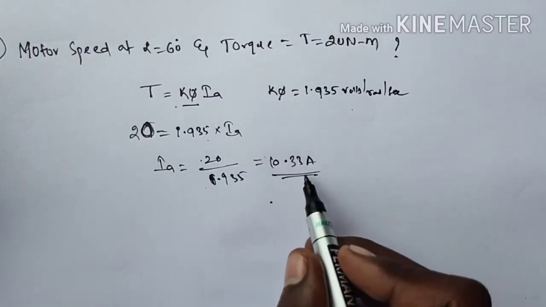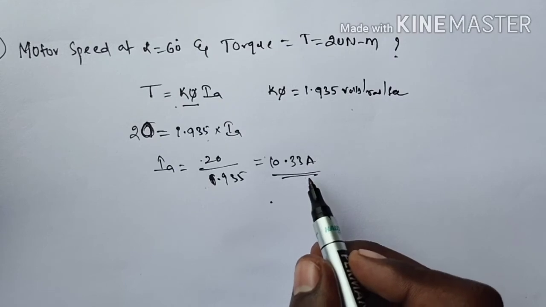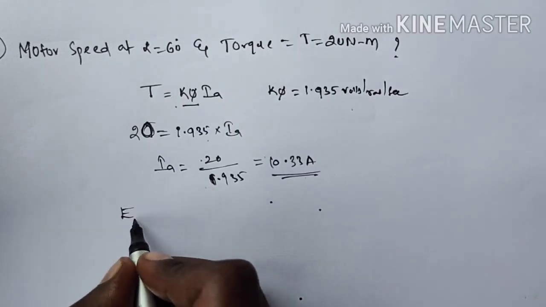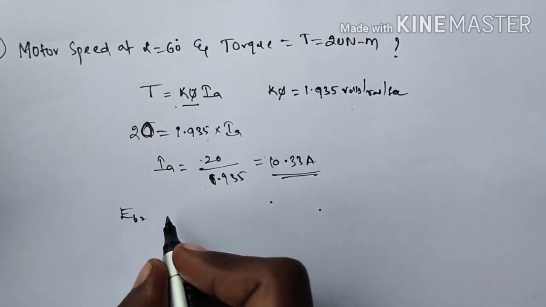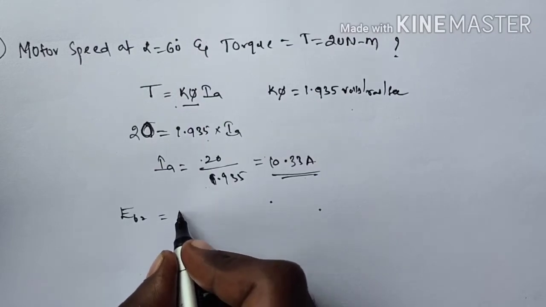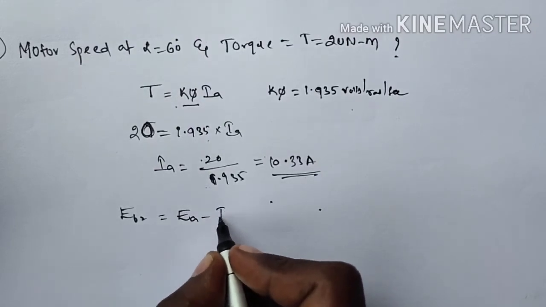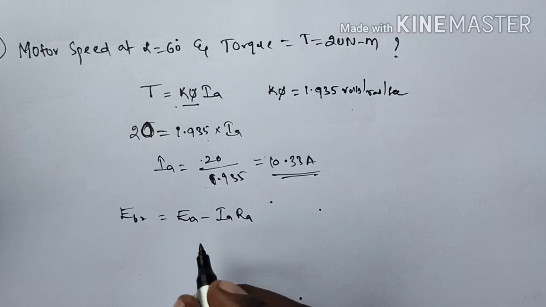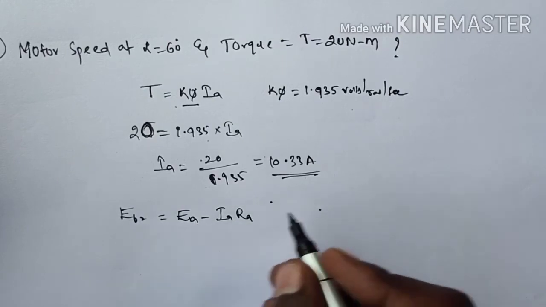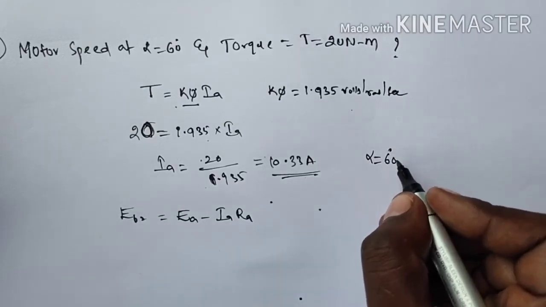If you know the current, you have to calculate the back EMF EB2. EB2 is equal to EA minus IA into RA. What is EA at alpha equal to 60 degrees?